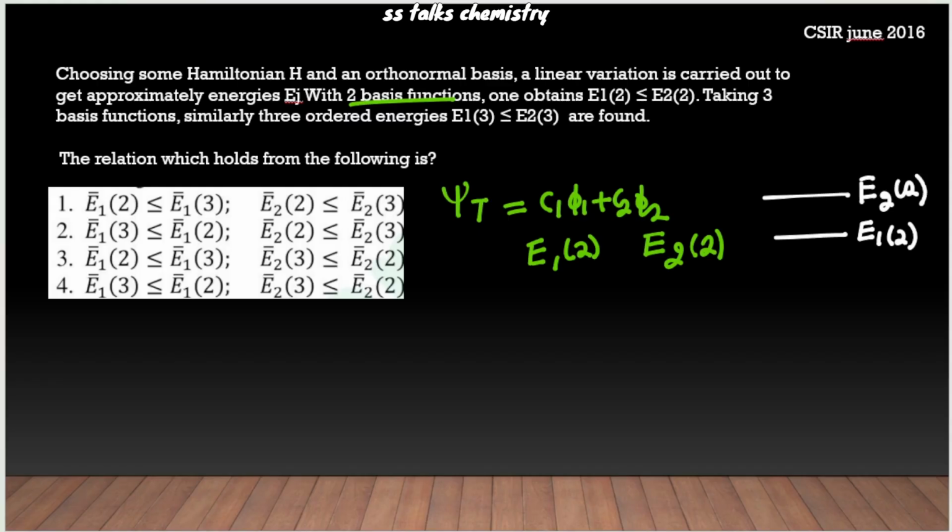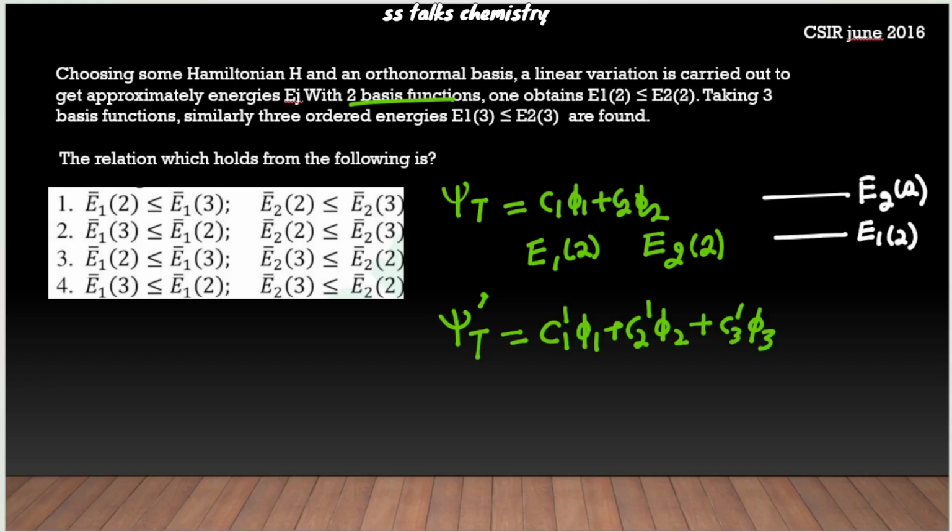Now take three basis functions, a new trial wave function psi t dash that we are proposing, which is C1 dash phi 1 plus C2 dash phi 2 plus C3 dash phi 3.